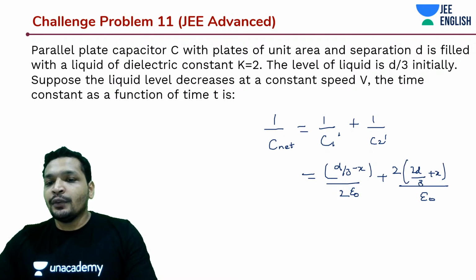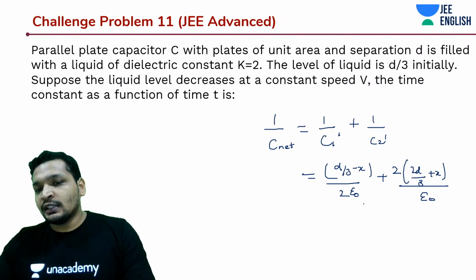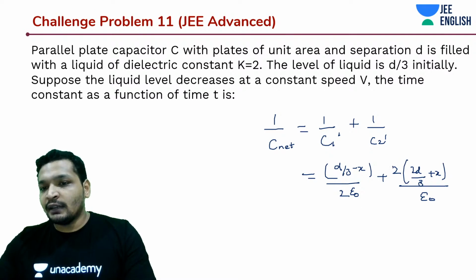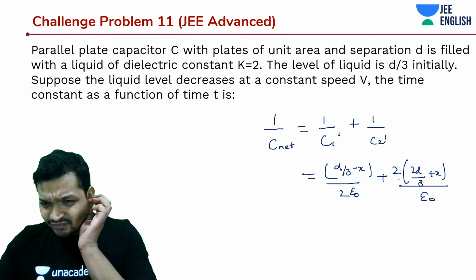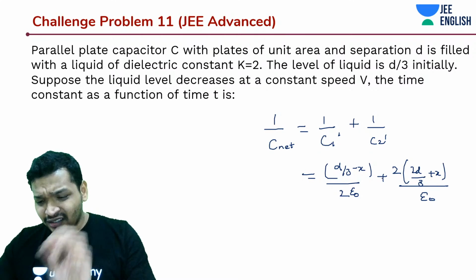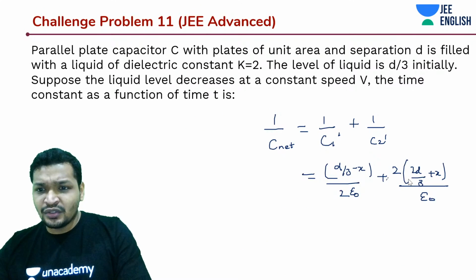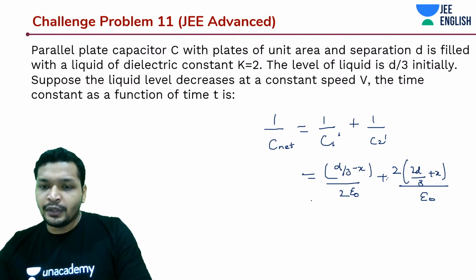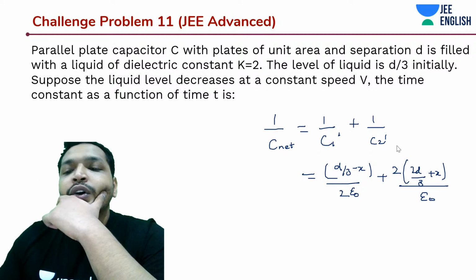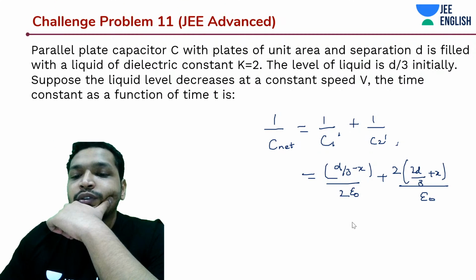Okay, so you basically take 2 epsilon naught as common, and you multiply this again with 2. Just a moment. How did we get 2? There is no 2 over here.